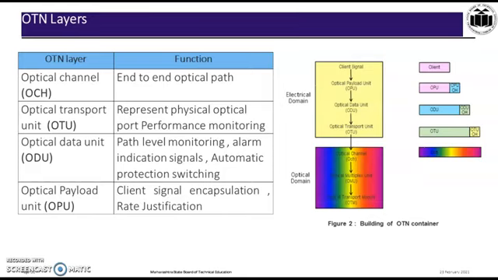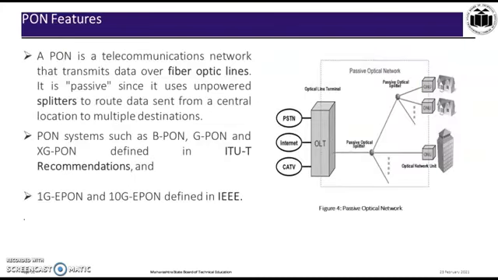ODU, that is the optical data unit, path level monitoring, alarm indication signal, and automatic protection switching. And the fourth layer, that is the optical payload unit, OPU. The function is client signal encapsulation and rate justification.